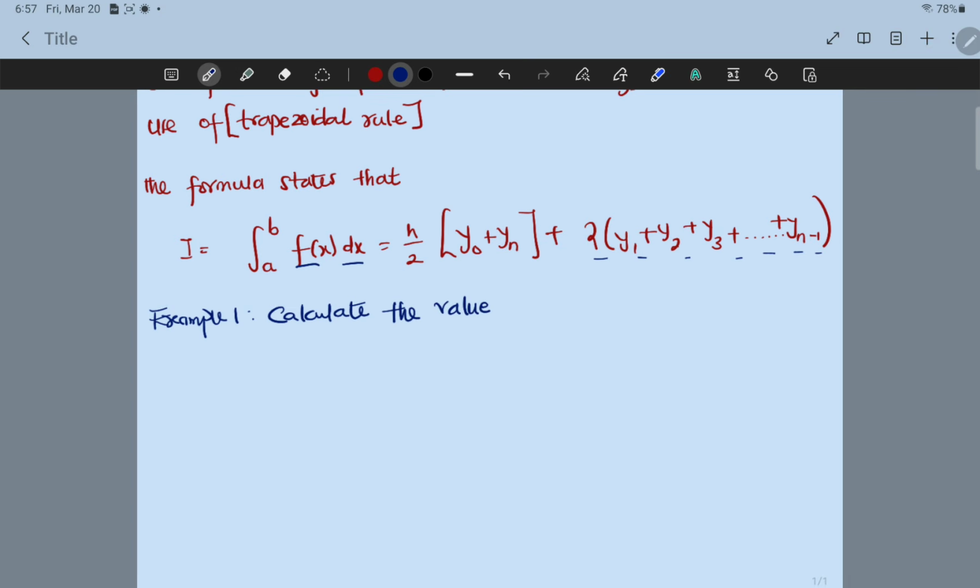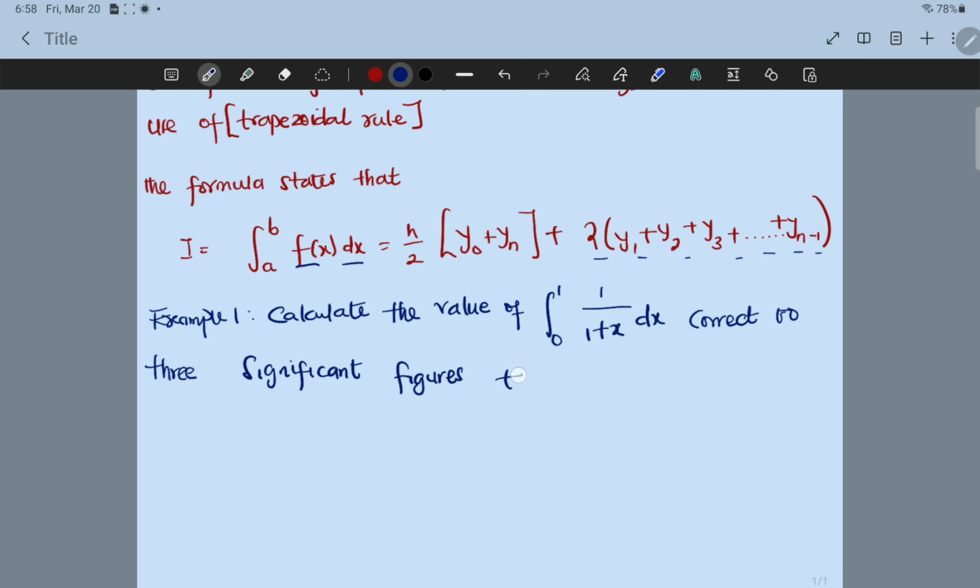We're asked to calculate the value of the integral from 0 to 1 of 1 over 1 plus x dx, correct to 3 decimal places, or 3 significant figures. We are taking 6 intervals by the trapezoidal rule.